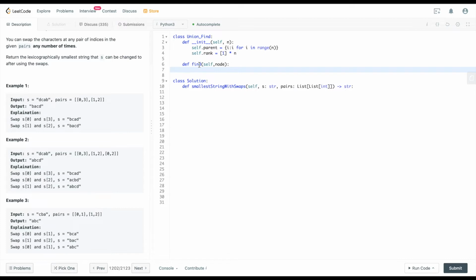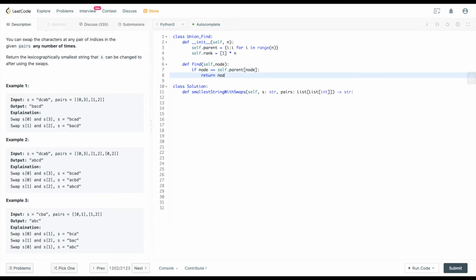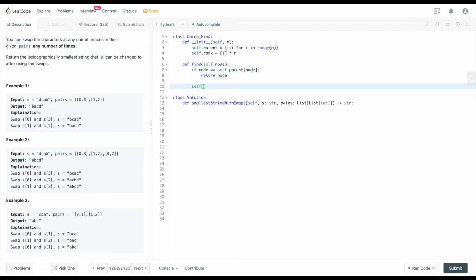What the find function does is it returns the absolute root of this node. So we know a node is an absolute root when it returns itself in the parent. So if node equals self.parent[node], then it means it's an absolute root. We just have to return the node. Otherwise, we just recursively look for the absolute root, right?